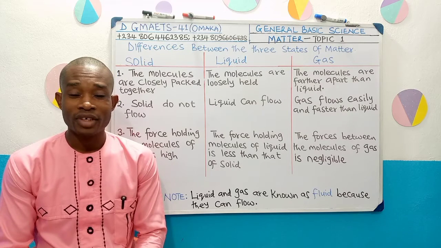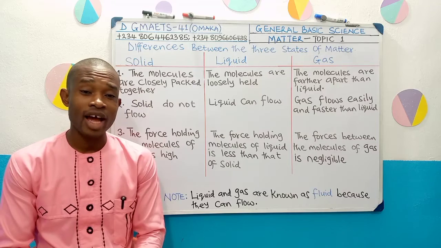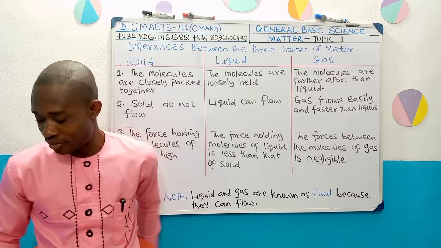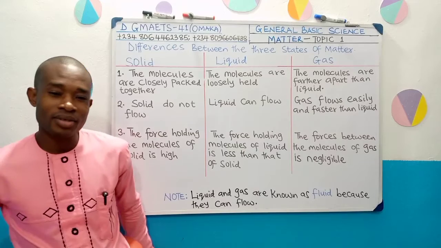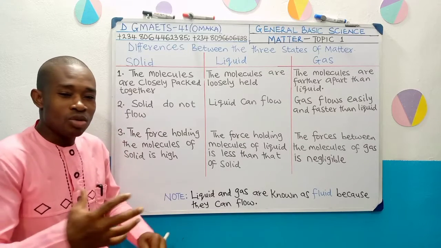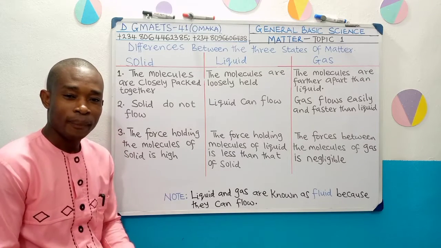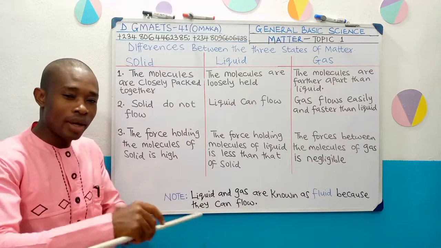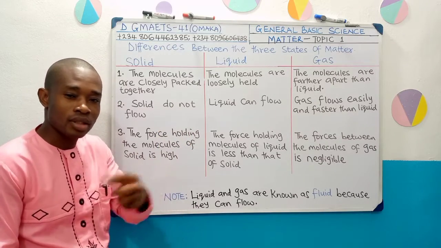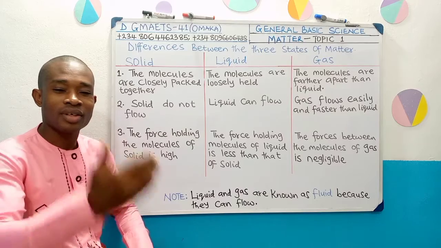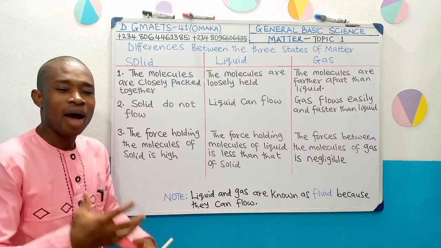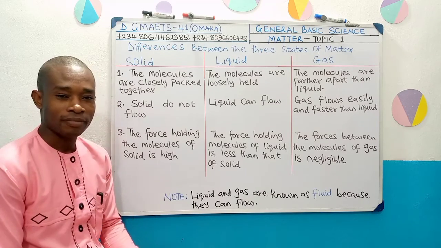On the board here we have 3 differences that I've pointed out. So let us look at them. One is about the way the molecules are held together. The things that make up this solid, this liquid, gas, how they are held together.